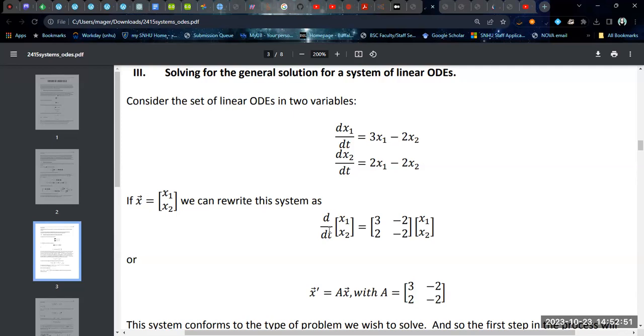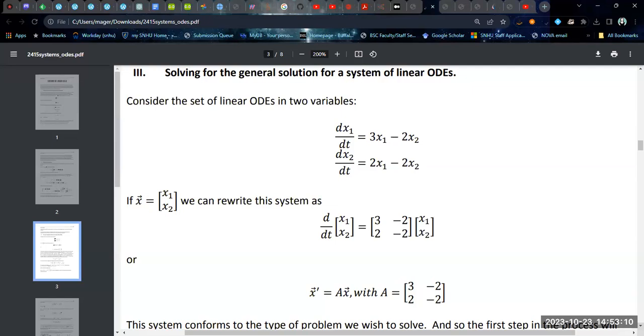So we have an equation that is of the form of our one variable case. The derivative of our variable is equal to some constant times our original variable. That is the connection between that first order case with one variable and our system.